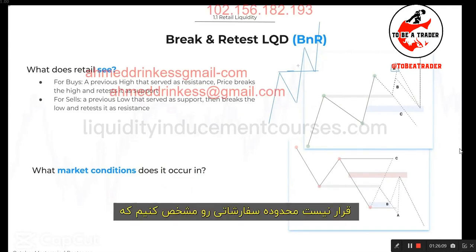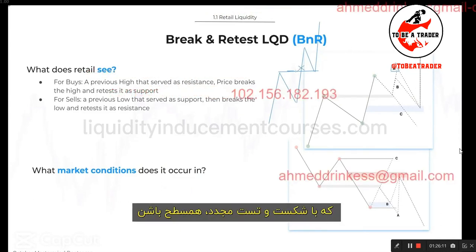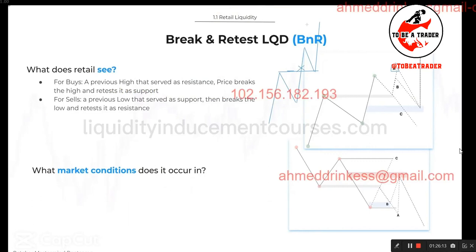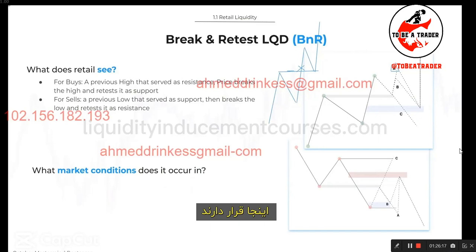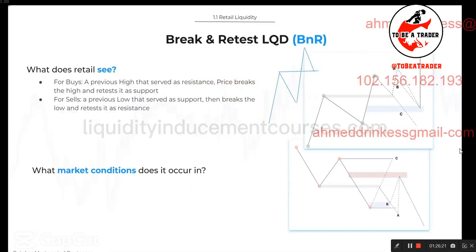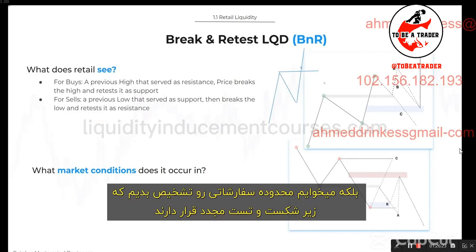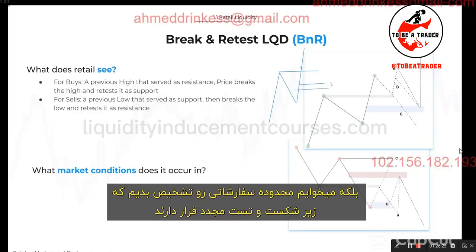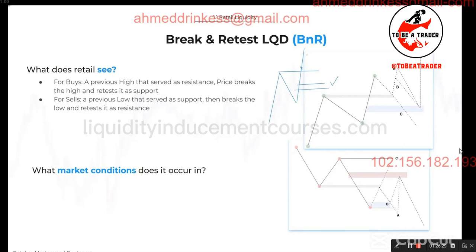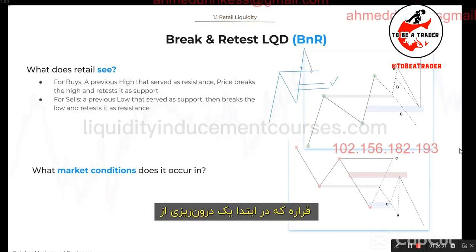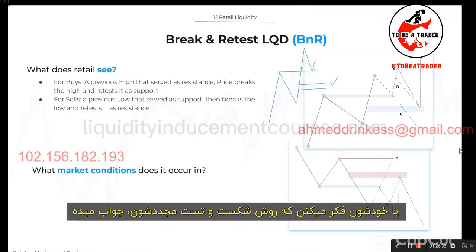We're not going to identify order blocks that align with break and retest. We're going to be identifying the order blocks that actually reside not here, but the order blocks that lie below break and retest. Because what ends up happening is when a previous high is broken, you're going to get initially an influx of buyers coming to the market thinking, oh, my break and retest is going to work.